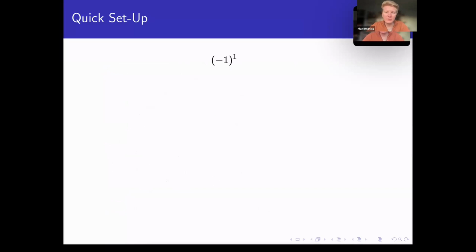So before we actually do some examples, let's just do some very quick setup. Negative 1 to the 1, any number raised to the 1 power, is itself. Negative 1 squared says negative 1 times negative 1, and we know that negative times a negative is a positive. So negative 1 times negative 1 is positive 1. Well, negative 1 cubed would be negative 1 times negative 1 times negative 1.